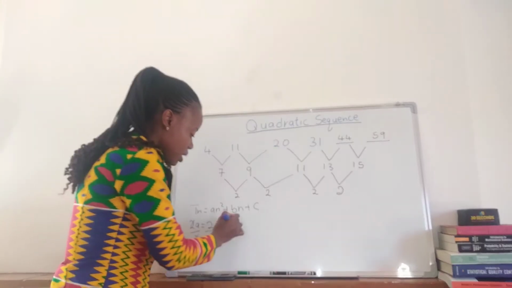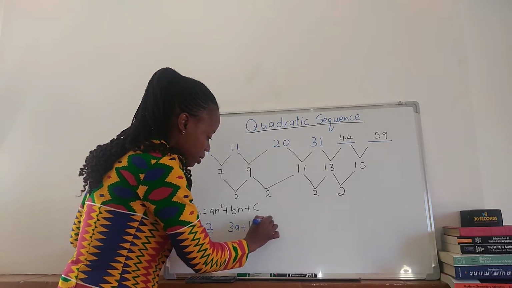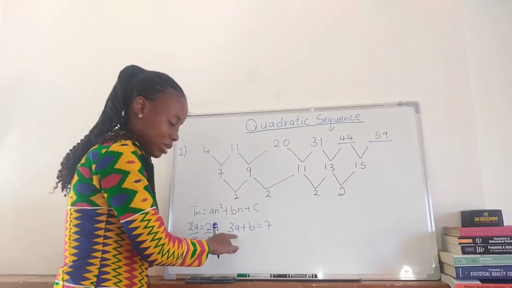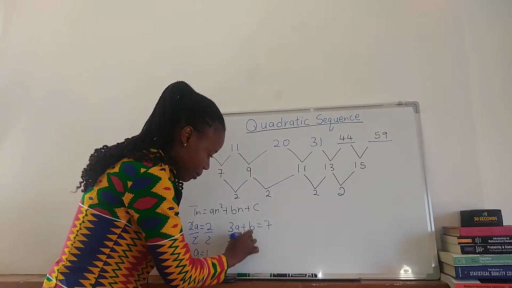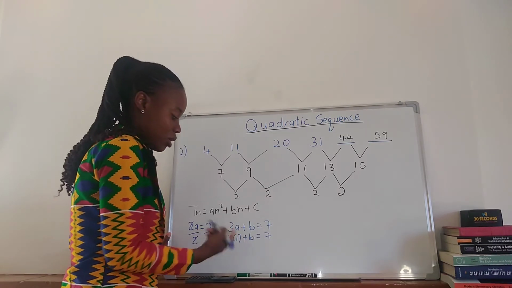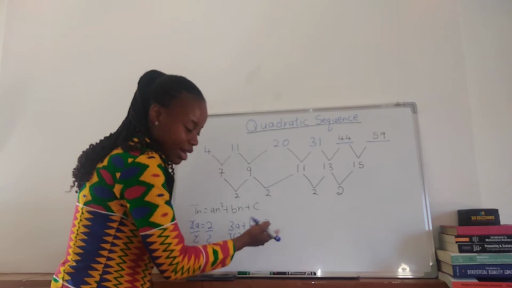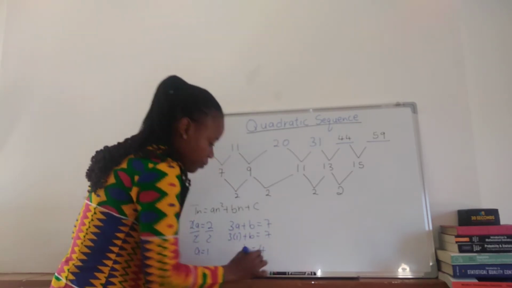And then to find b, you say 3a plus b equals 7. Okay? Here we're going to substitute our a. We're going to have 3 times 1 plus b equals 7. Right? Now we can find our b. We're going to take 3 the other side, so it's going to be 7 minus 3, and our b equals 4.